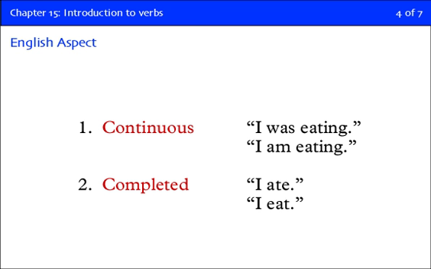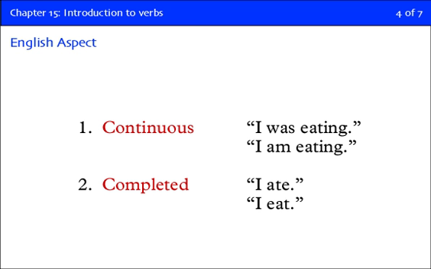But let me give you a couple of terms that are important to know. In English, we have basically, and again, this is a simplification, but it's good enough for now. In English, we basically have two aspects. And I call those aspects the continuous and the completed aspects. Now, those aren't the technical terms.